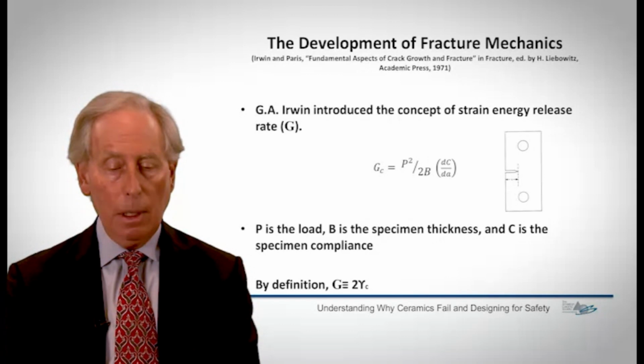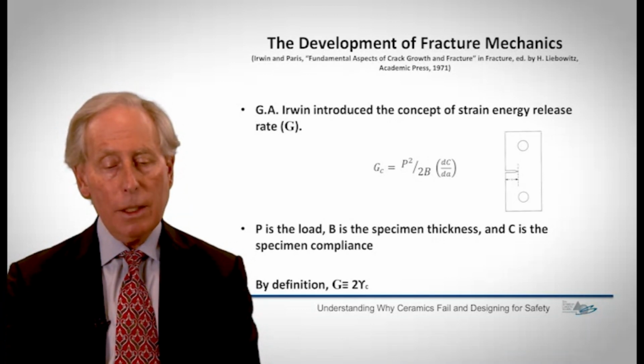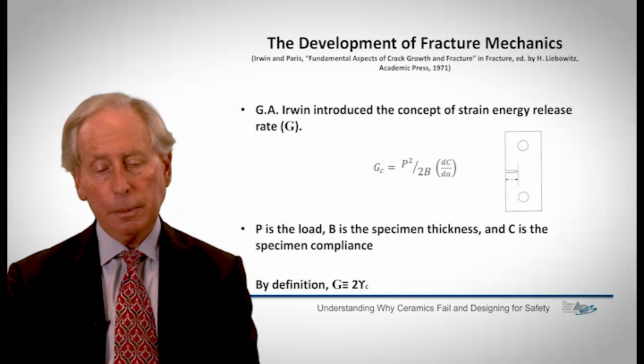By definition, G sub C is equal to twice the fracture energy that Griffith introduced. So this works in our favor in terms of analyzing all of our fracture. This is really the beginning of the development of fracture mechanics.